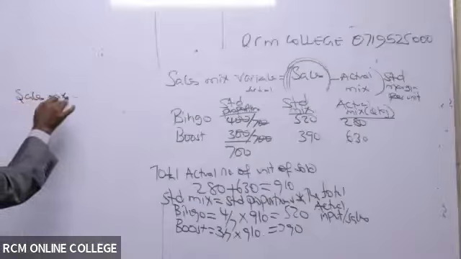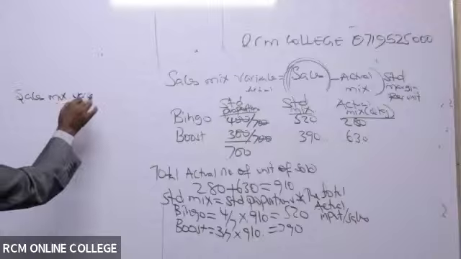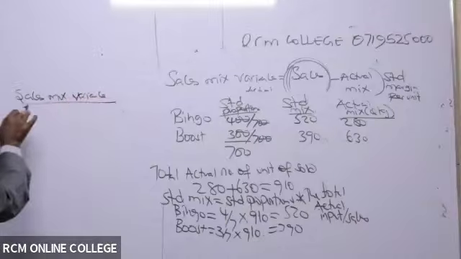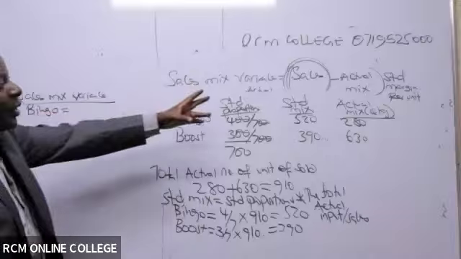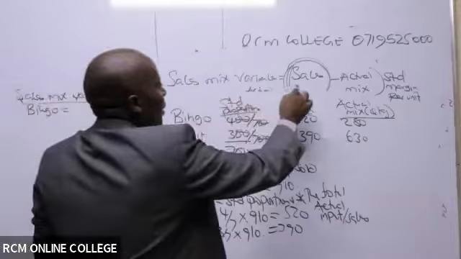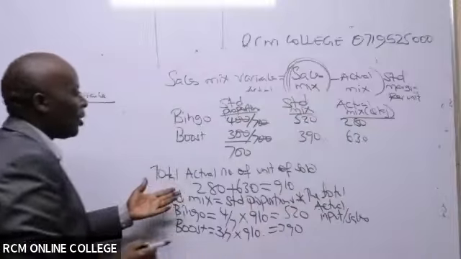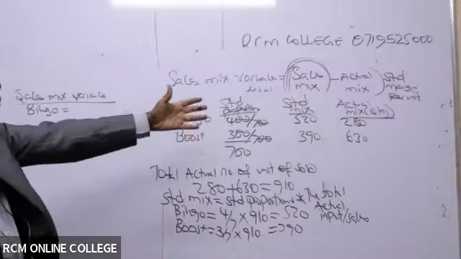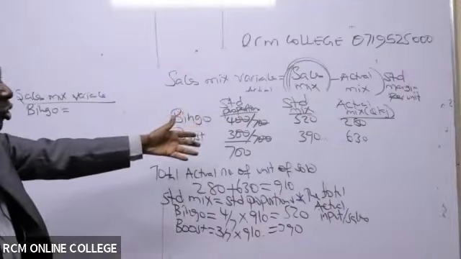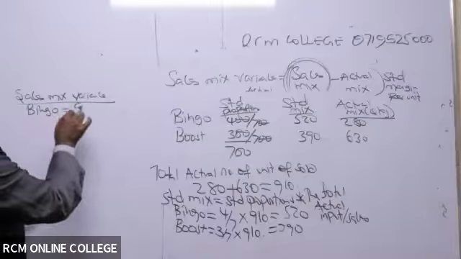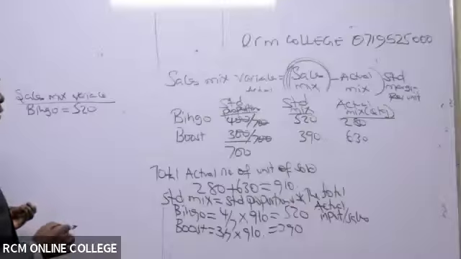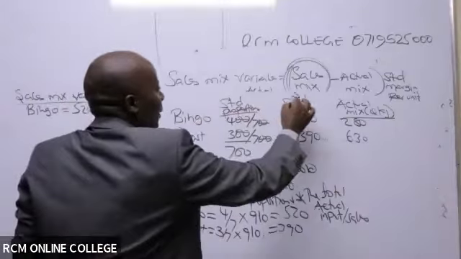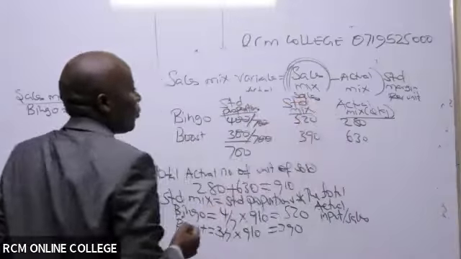For the sales mix variance, we start with bingo, following that formula. The standard mix for bingo is 520. You can also label this as sales so as not to confuse.